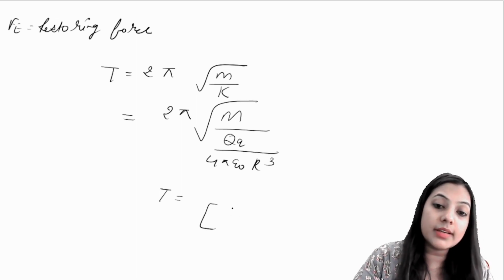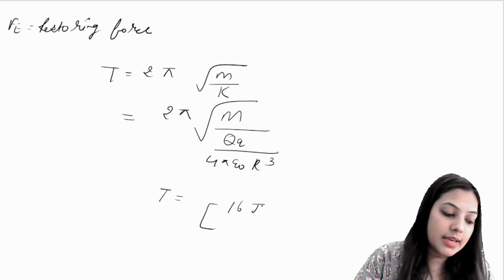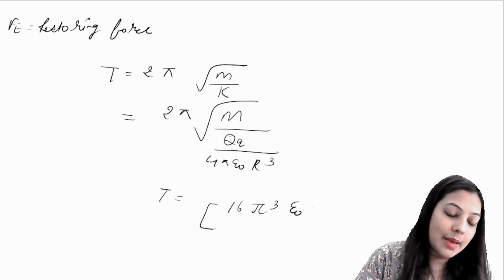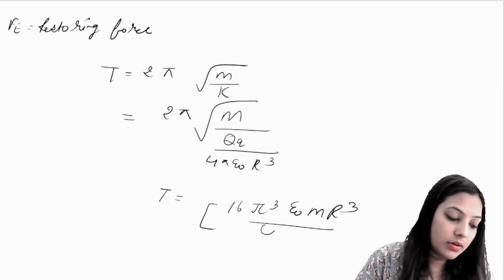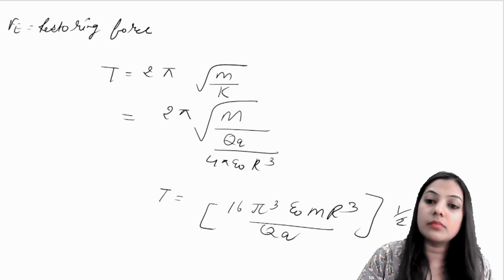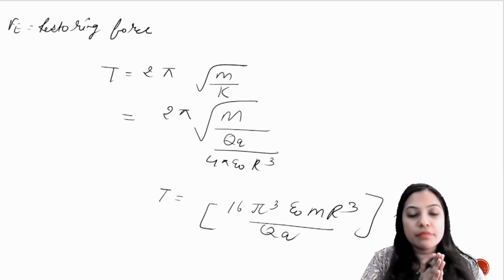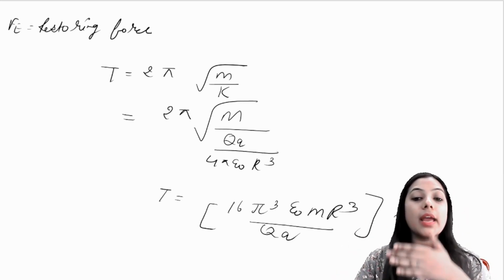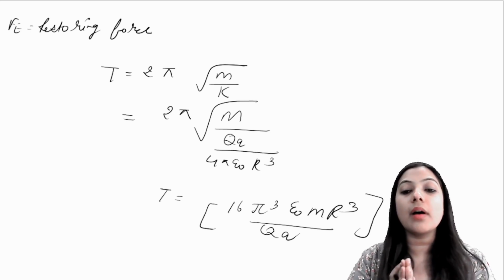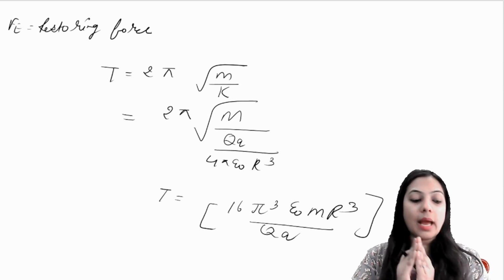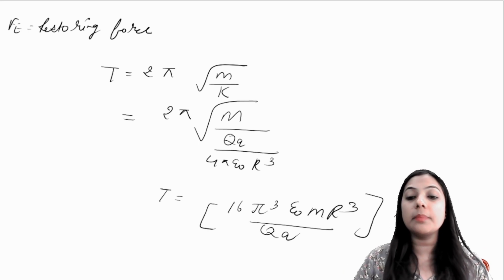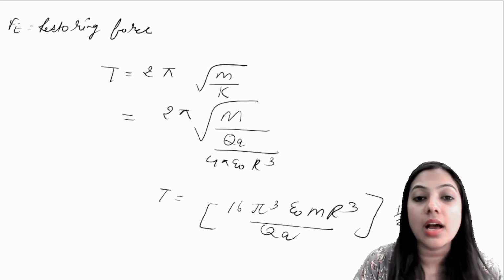So after solving this, what will we get? 16 pi cube epsilon naught m R cube upon capital Q and small q, to the power 1 by 2, which is half.